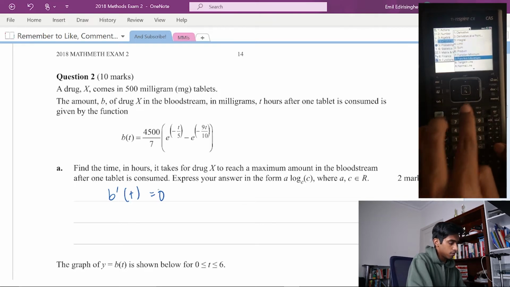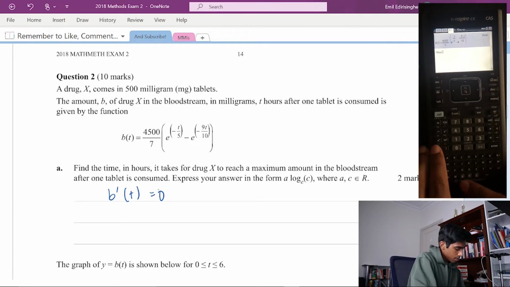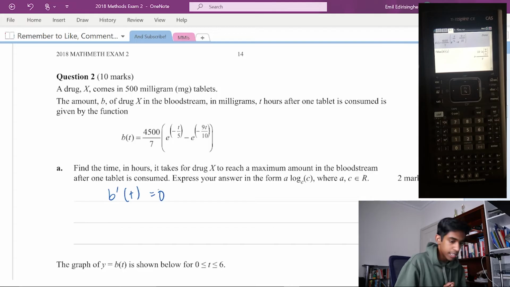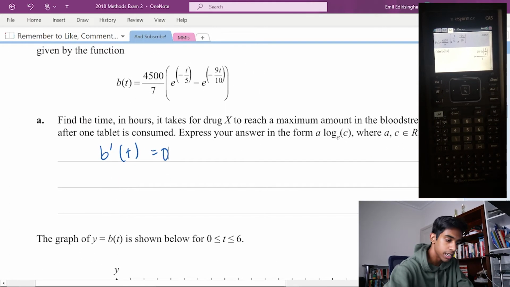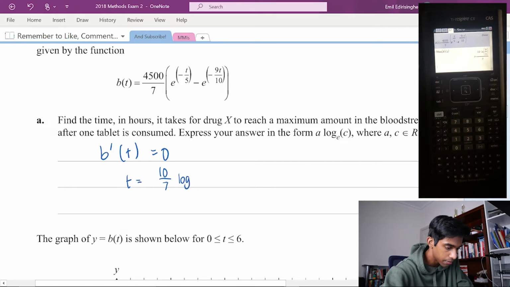So I'll use the function maximum, b of t, comma t, and then we get our answer. T is equal to 10 on 7 log e 9 on 2.